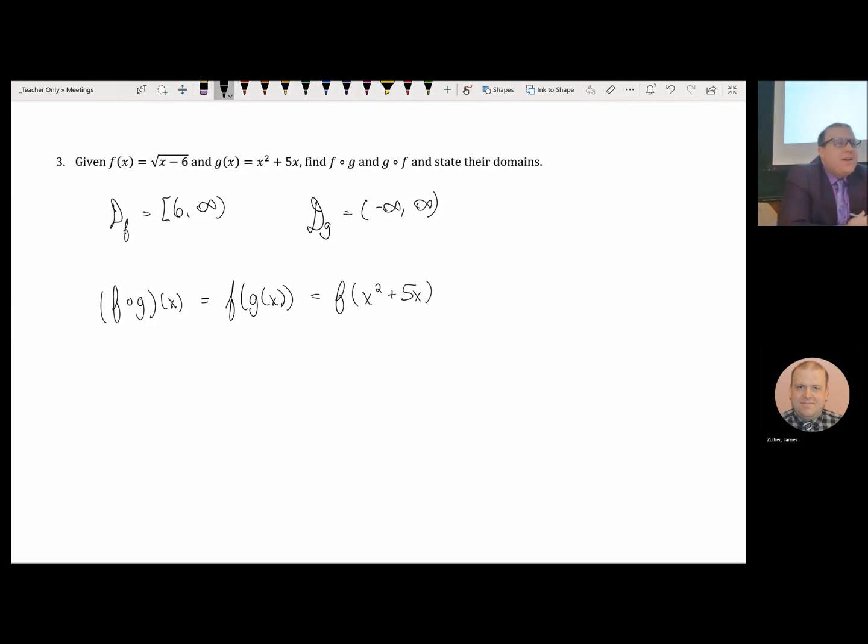So it's f of x squared plus 5x. Of course, that means ever you see an x in f, replace it with x squared plus 5x. There's f of g.